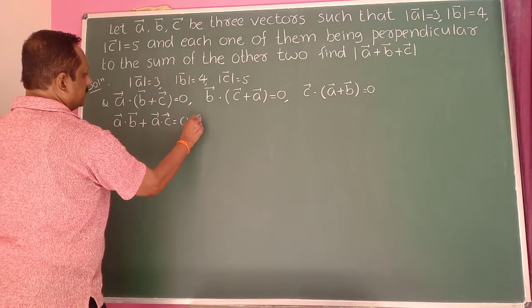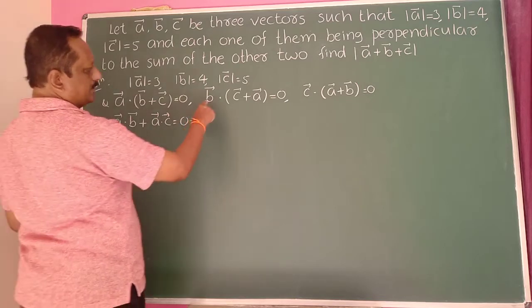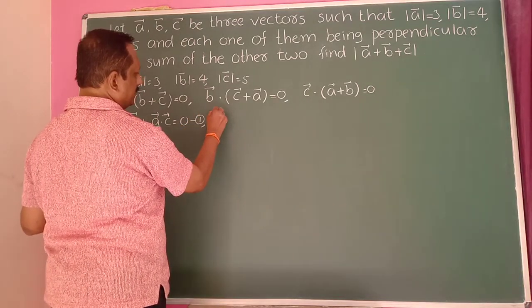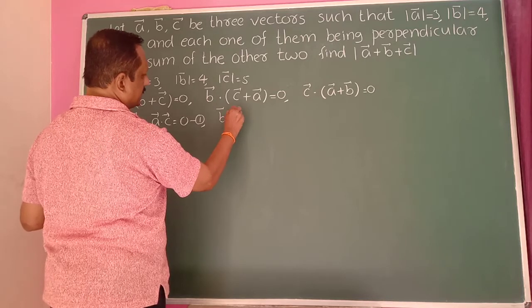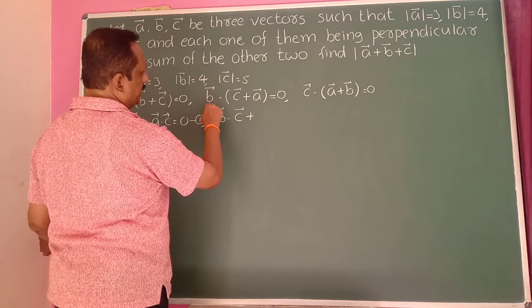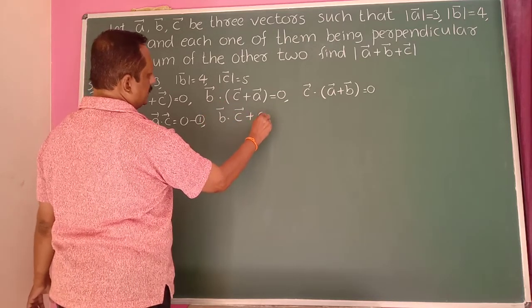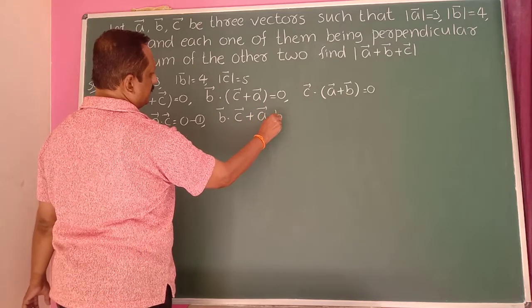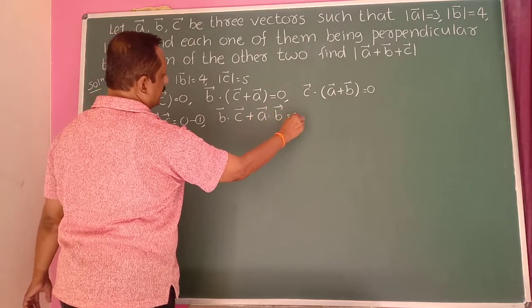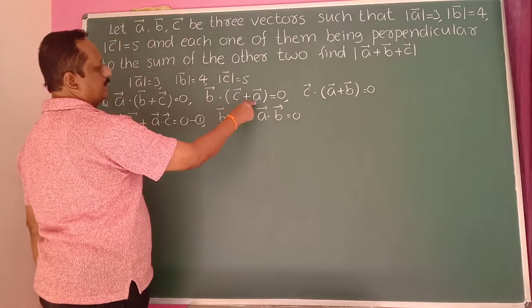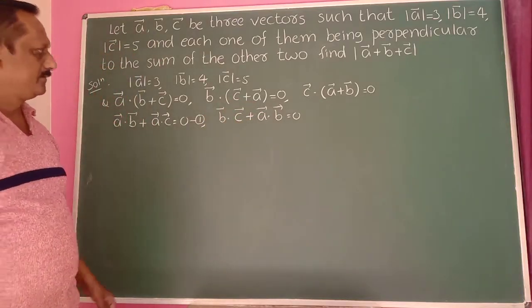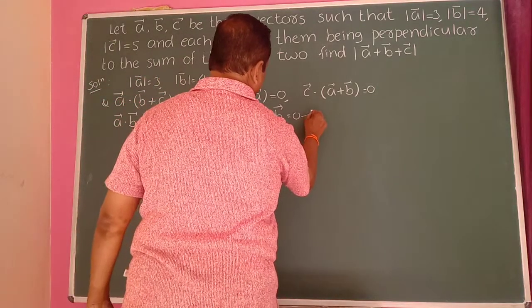Take B bar inside: B bar dot C bar plus B bar dot A bar, which is A bar dot B bar, because the dot product is commutative. So B bar dot A bar is nothing but A bar dot B bar. Take this as equation number 2.